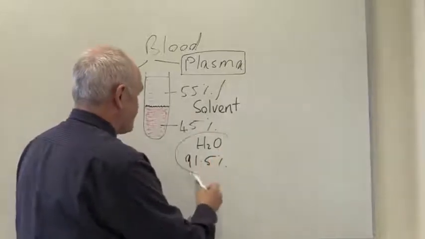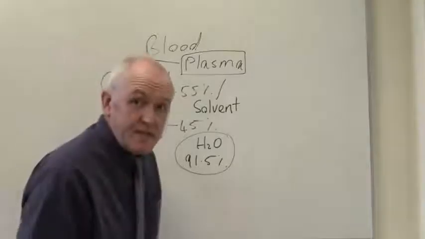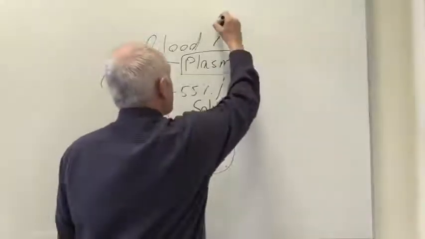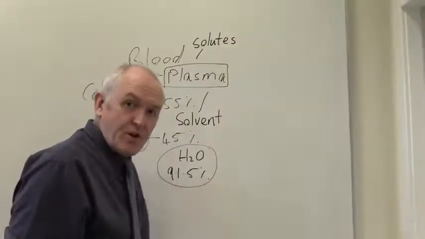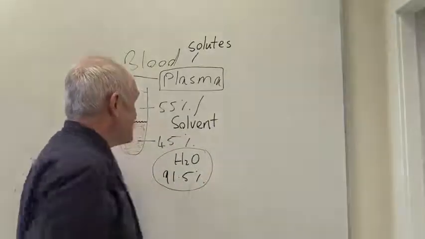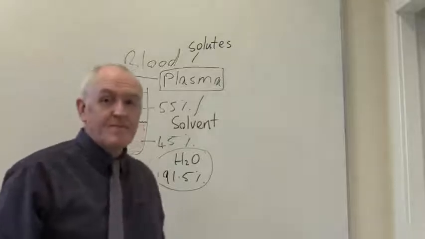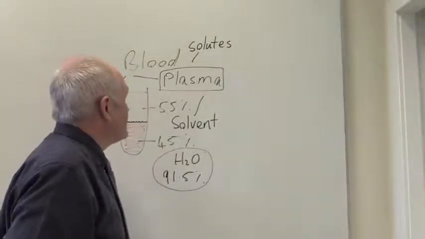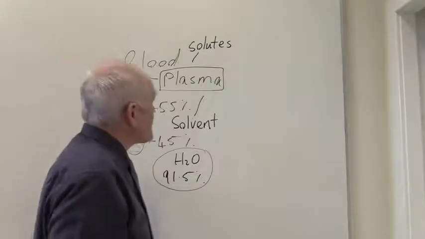That is the solvent. And then the other part is going to be the solutes. So the solutes are the materials dissolved in the solvent, that is in the water. So we want to think about these solutes, the components of the plasma.